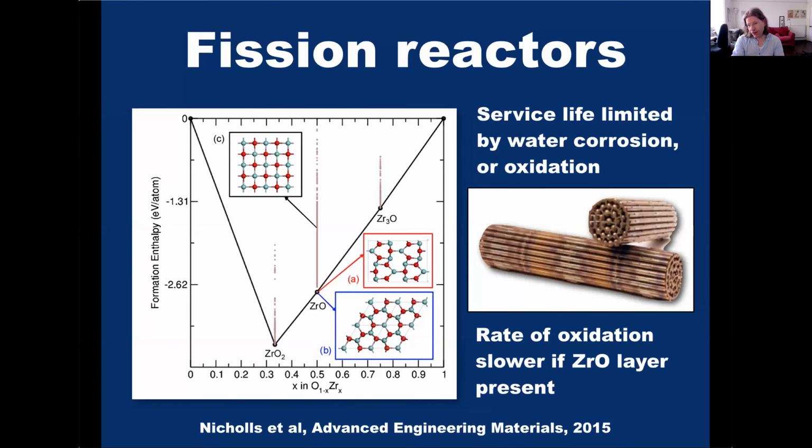I also want to point out that they're very important, for example, in nuclear materials. An example of an interfacial material that we used structure prediction to determine was a suboxide layer in zirconium, which seemed to control very much the stability or the lifetime of these nuclear fuel rod casings.